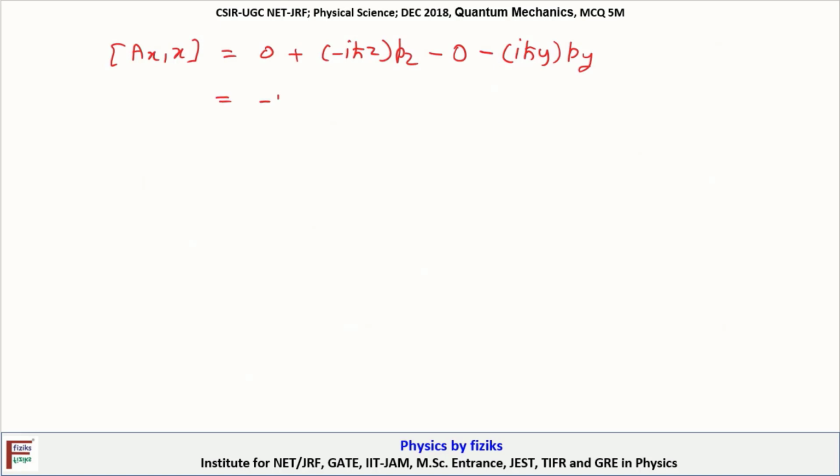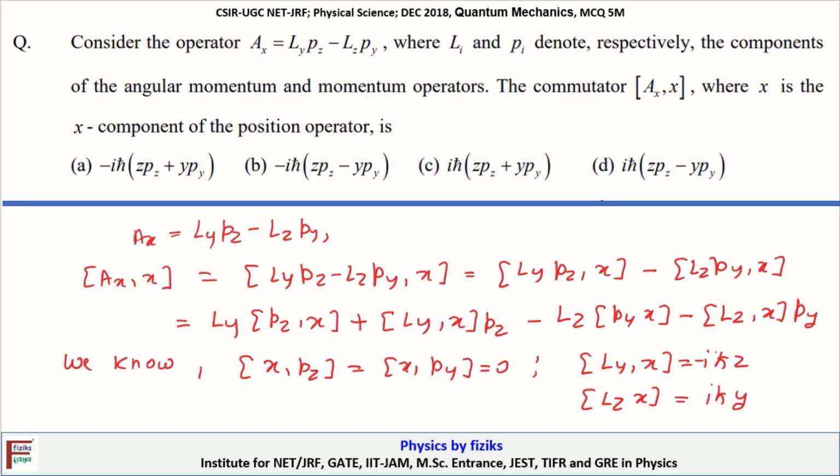So we would have minus i h cross times z Pz plus y Py. So the commutator of Ax and X is equal to this one. That means which option is correct? Option A is correct.